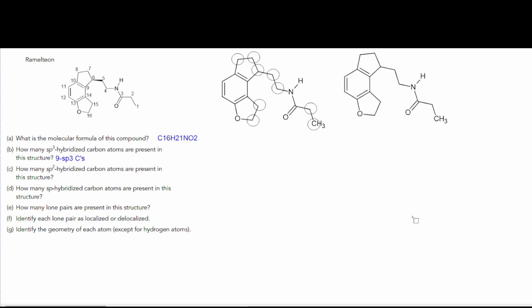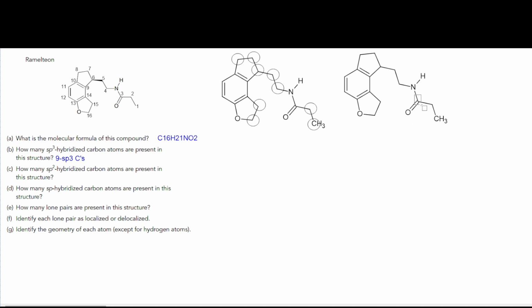Carbocations and carbanions are an altogether different story; we are not discussing that. We are talking about the double bonded carbons in this structure, which are going to be sp2. In an sp2 hybridized carbon, the p orbitals combine to form a pi bond, and that's what leads to sp2 hybridization.